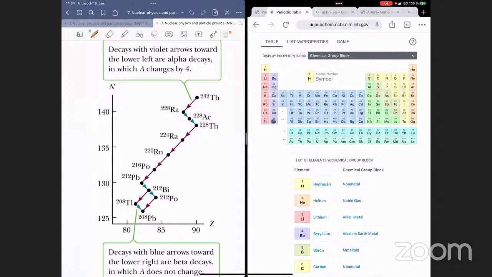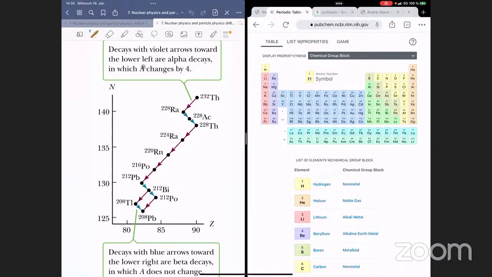Radium is transformed into actinium. It means a neutron is converted to a proton. That's the beta minus decay. So beta minus decay takes place during this route.